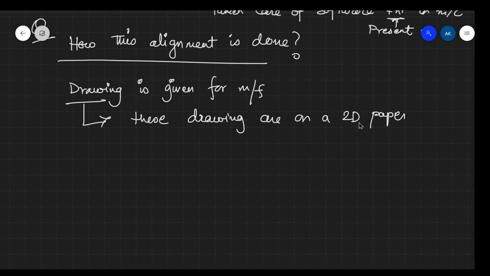Nowadays CAD models are given, but in earlier times, on 2D paper, we gave the drawing by different datums. Even if it is 3D, we take it by different projections, and those are just two-dimensional projections only. I will show you an example of it.